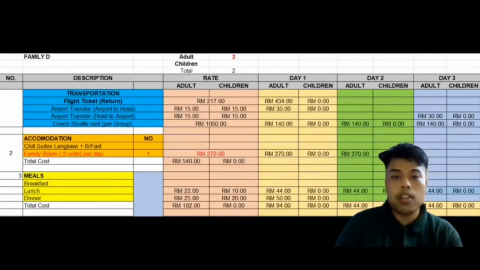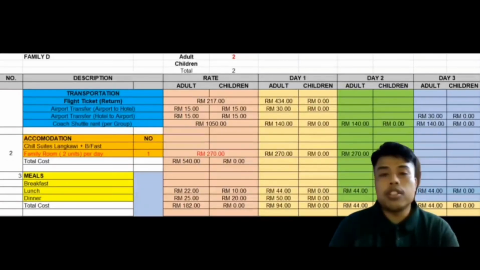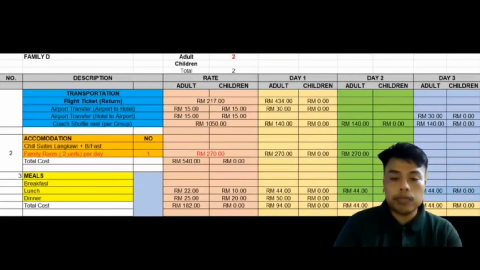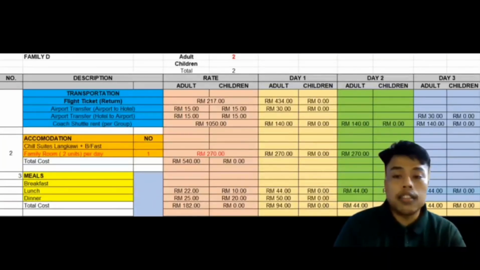Okay, now we proceed with family D, which only has 2 adults, and this is the flight ticket price rate, which is 217 per adult times 2 adults, which is 434 ringgit Malaysia.